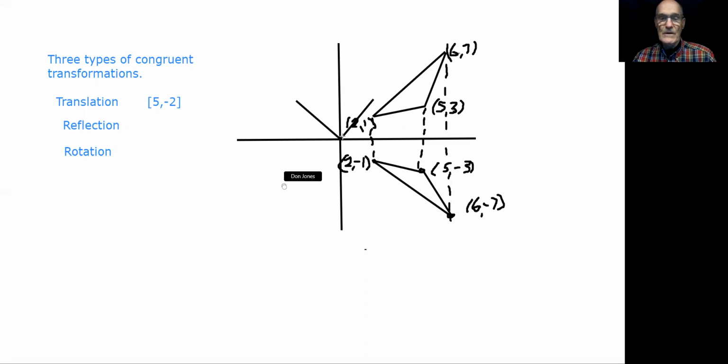So if you're going to rotate this figure, you would take a line that goes from the vertex down here to the origin, and then you would run a second line up in this direction so that it's perpendicular, and I would go out the same distance here.